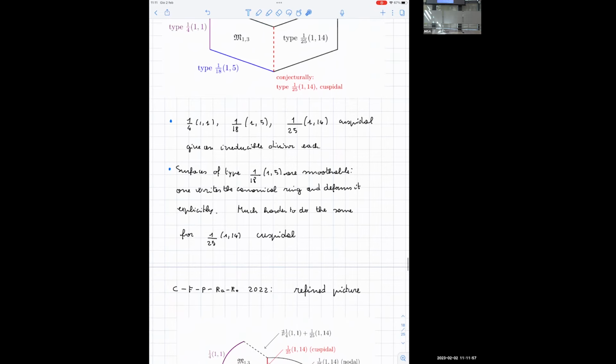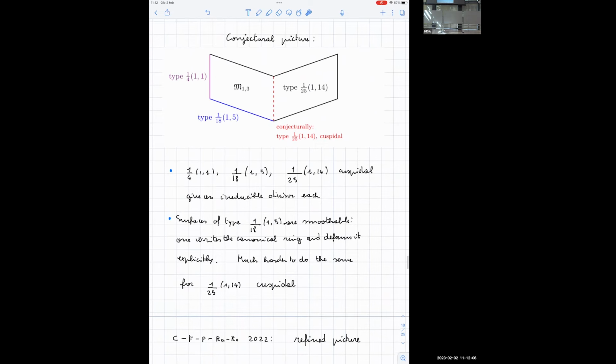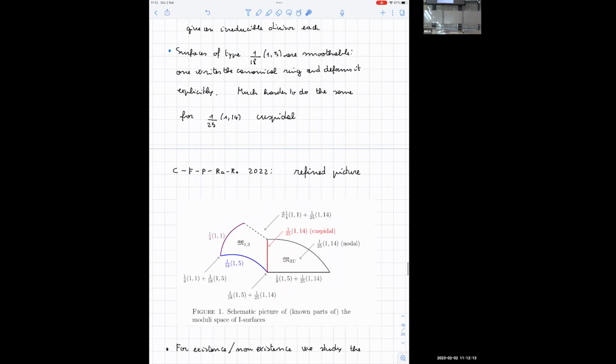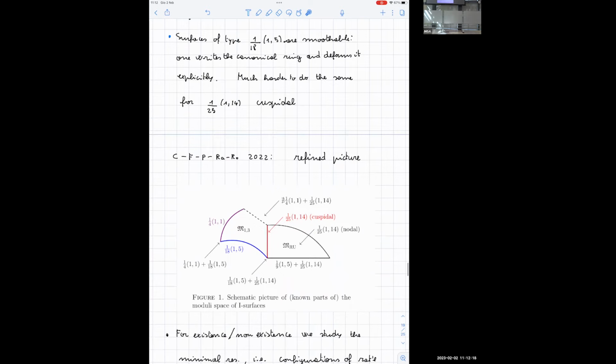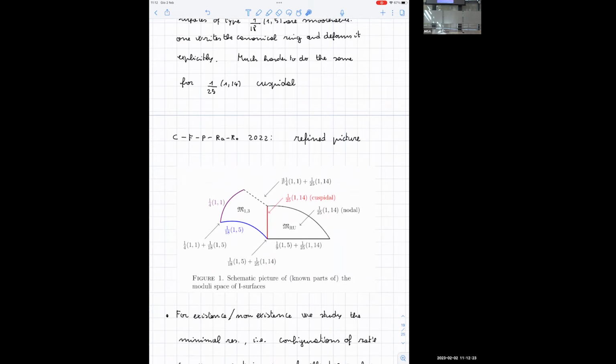Okay, and so we went on with this story, trying to make this conjectural picture less conjectural. And so we added Stephen Coughlan to our team, which is a really valuable addition. Okay, we have this much more precise picture. So you see, again, this is the component corresponding to the smooth surfaces.